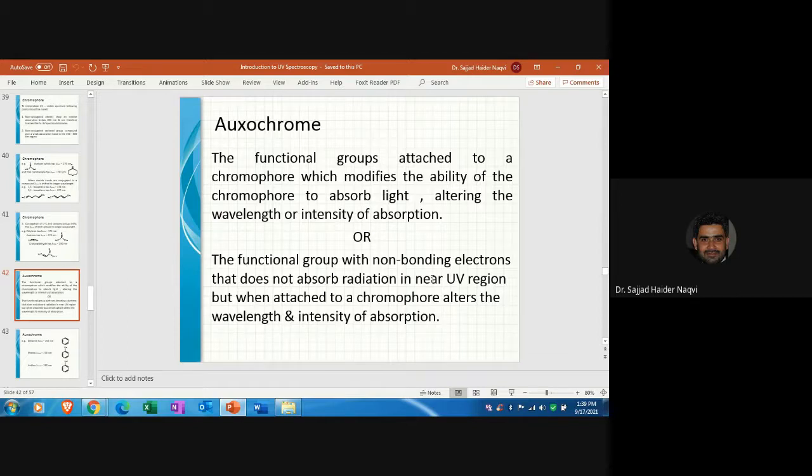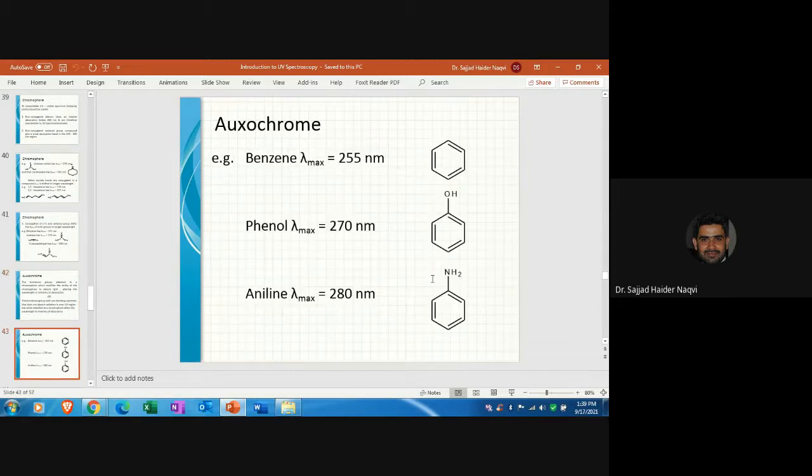Or you can also define that as the functional group having non-bonding electrons, which does not absorb radiation near the UV region, but when it attaches to a chromophore, it alters the wavelength and intensity of the absorption of the chromophore itself. That's what we call oxochrome. Here we have certain examples.